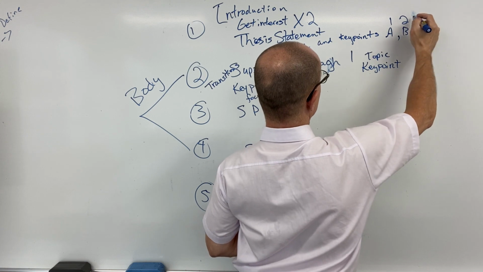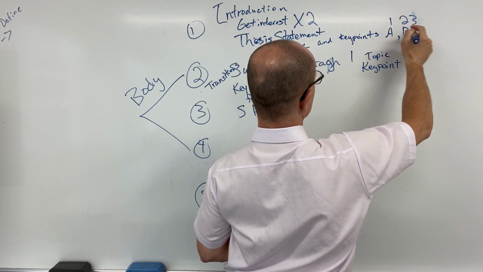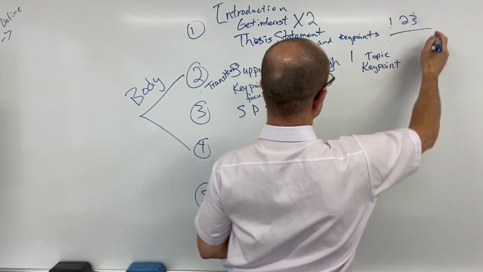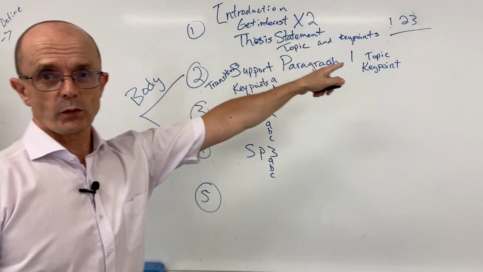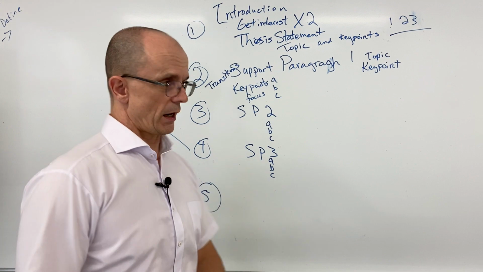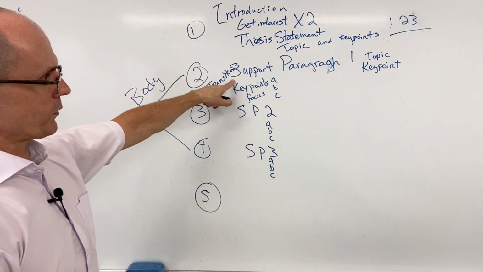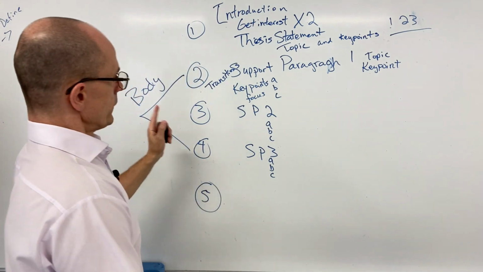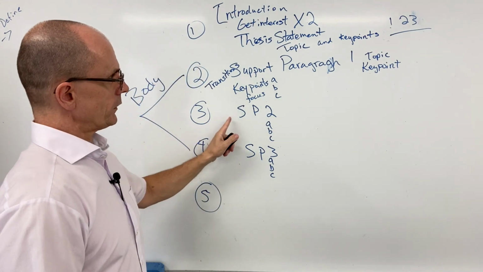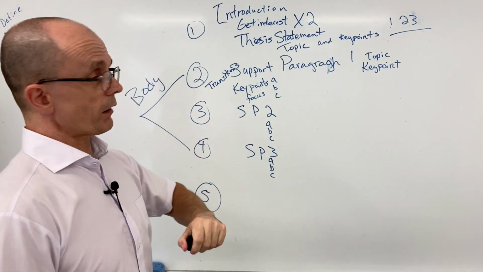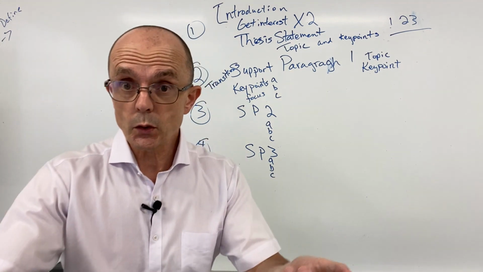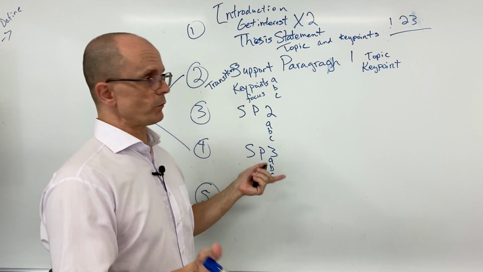So if we use 1, 2, and 3, we can repeat that here, right? So the topic and the key points 1, 2, and 3 make up my thesis statement. So then the topic sentence for support paragraph 1 is key point 1. The topic for support paragraph 2 is key point 2, okay?